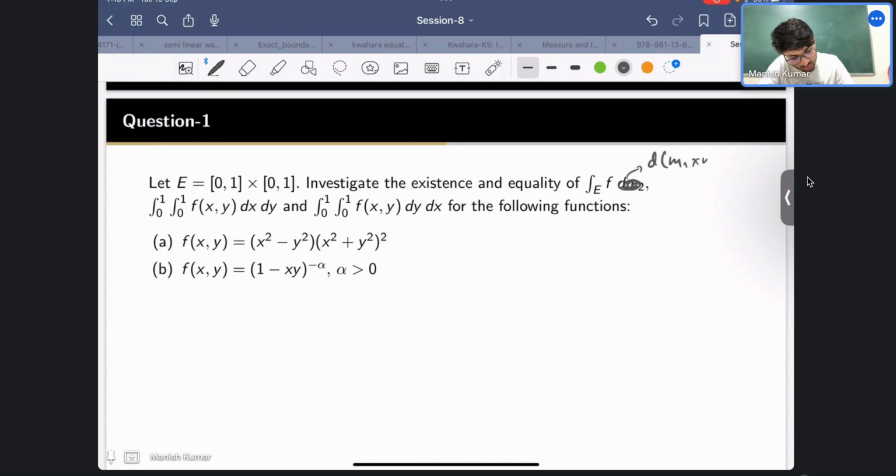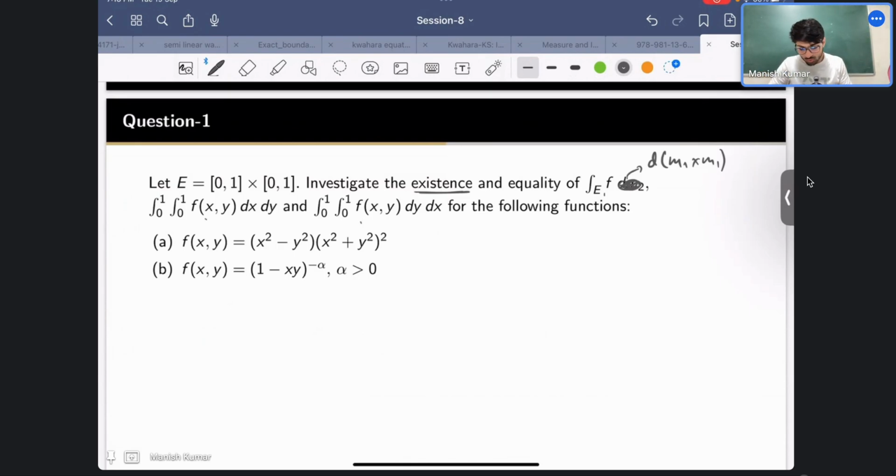So you have to investigate the integral of f with respect to the product measure, whether these integrals exist or not, and if they exist, whether they will be equal or not. So that is the question.